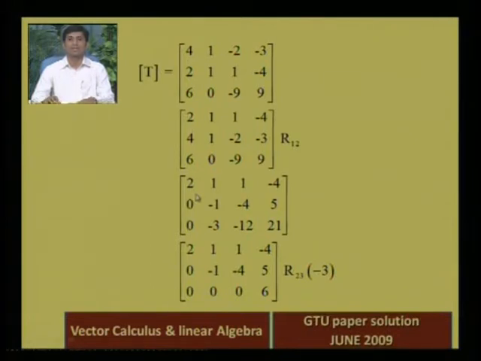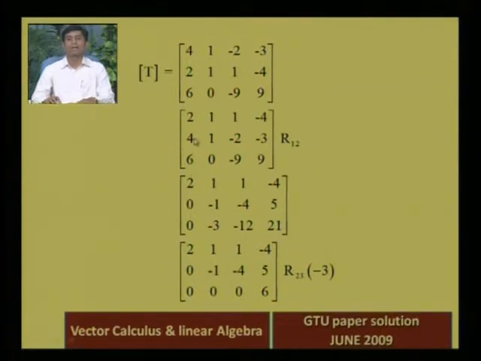So the first row is as it is, 2 1 1 -4. The second row is 0, 1 minus 2 that is -1, -2 minus 2 that is -4, and -3 plus 8 that is 5.